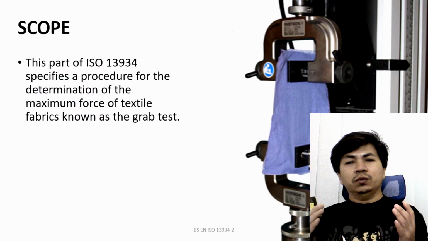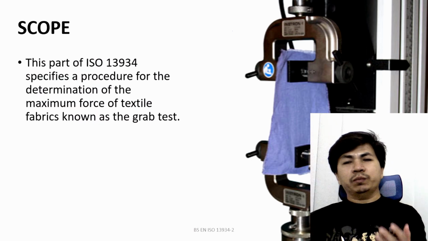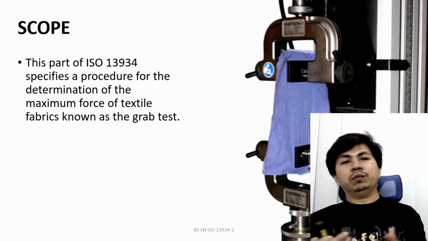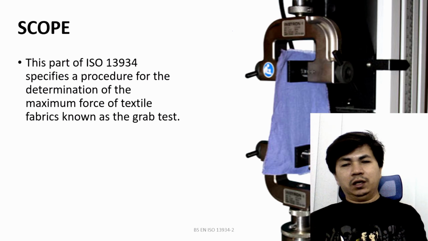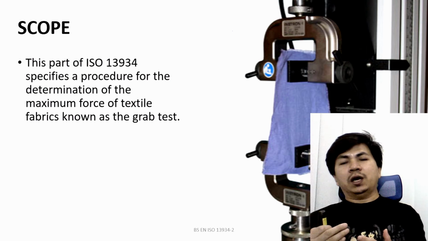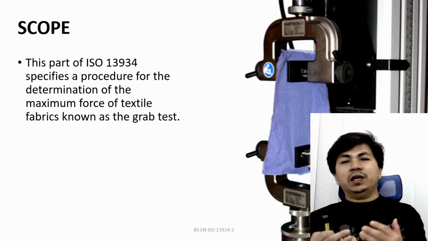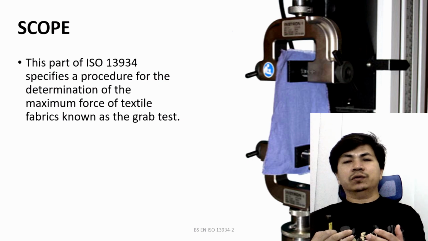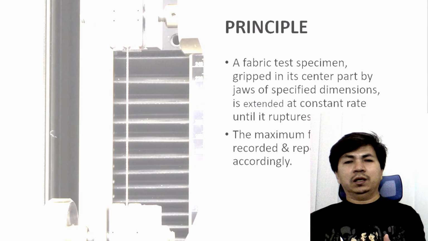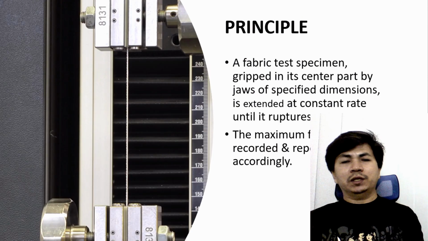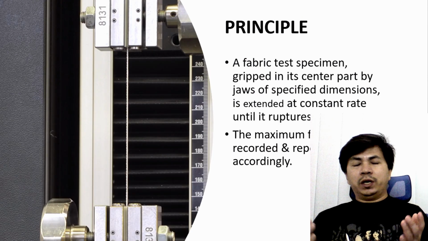So this method is applicable to any kind of textile product. The scope is to find out the maximum breaking force of a material. So what is the principle here?